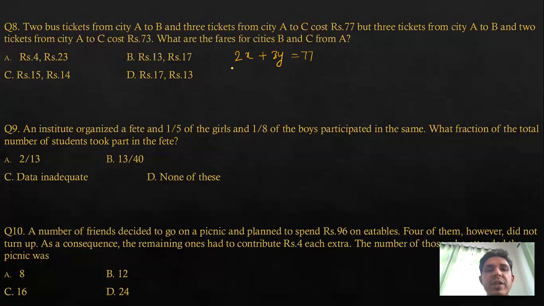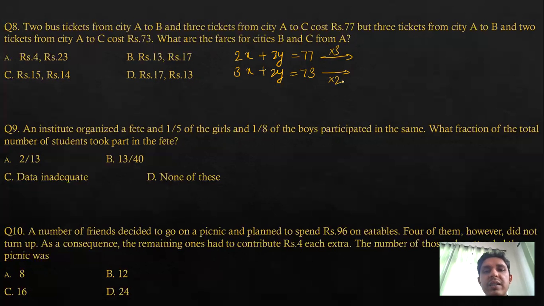But 3 tickets from A to B, that means 3x, plus 2 tickets from A to C, that means 2y, is equal to 73. What are the fares for B and C from A? So students, in this question we need the values of x and y respectively. For solving this, just multiply the first equation by 3 and the second equation by 2.